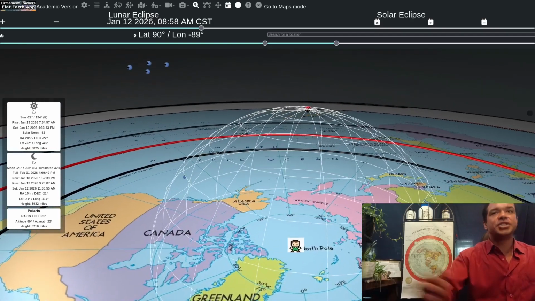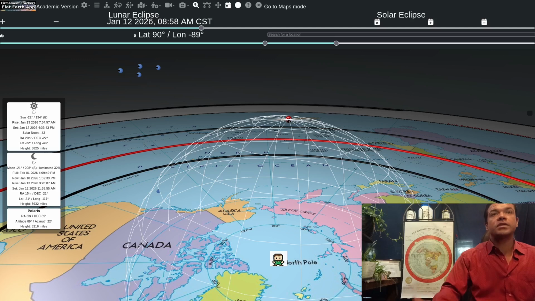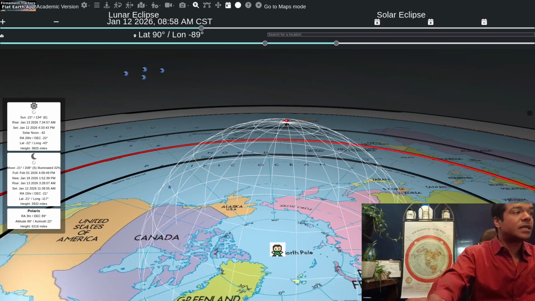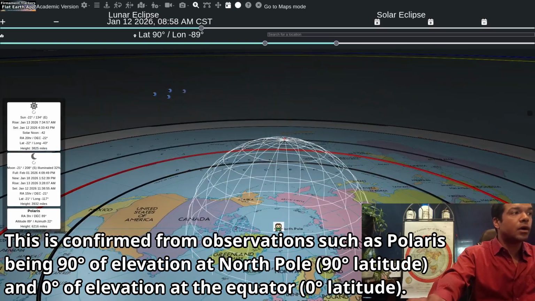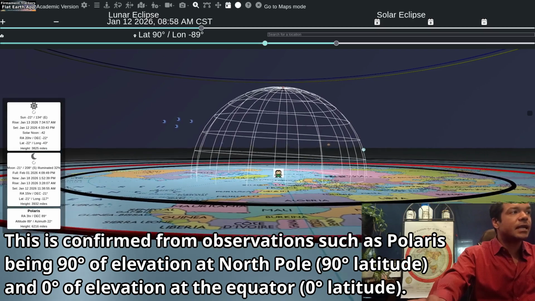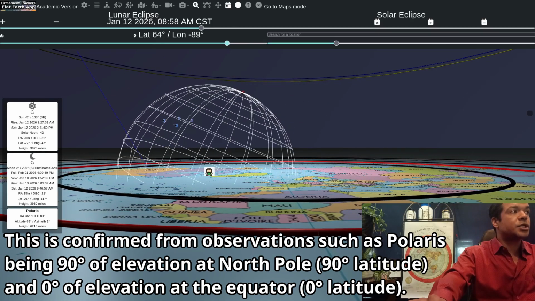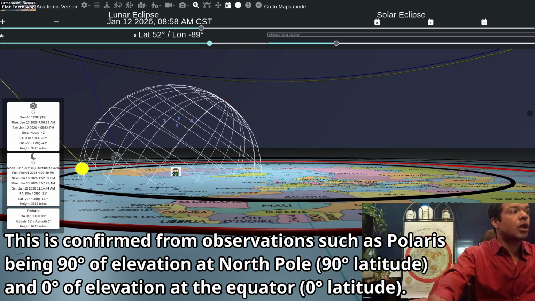Now, this red dot at the top of the observer, that is the North Celestial Pole, which for our purposes represents Polaris perfectly. Now, as the observer would move away from Polaris, you're going to see that that red dot drops. And this should be very well known to a lot of you.